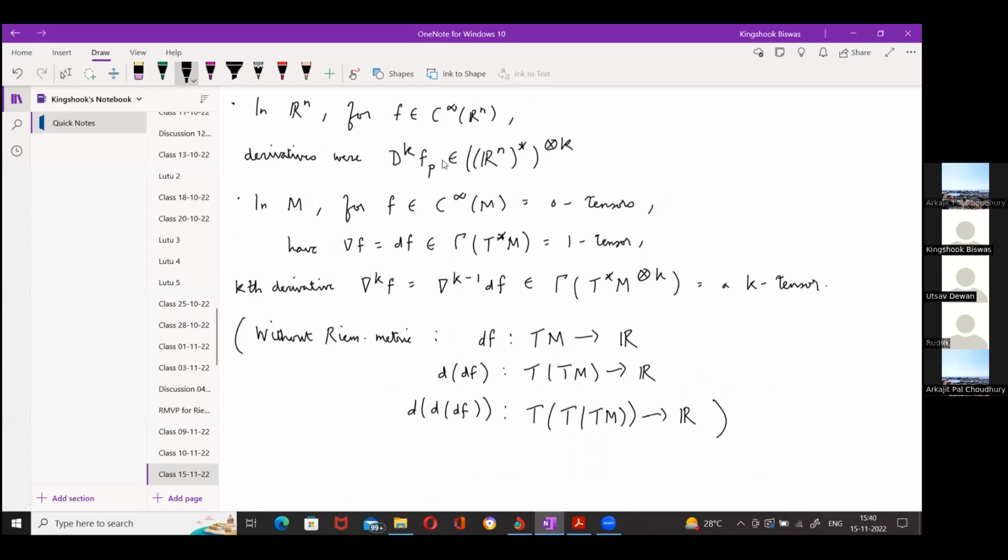The kth derivative is a symmetric k tensor. In a general Riemannian manifold, the kth derivative is not symmetric in general. It's only symmetric for k equal to 2. The second derivative is symmetric, but the higher derivatives are not.